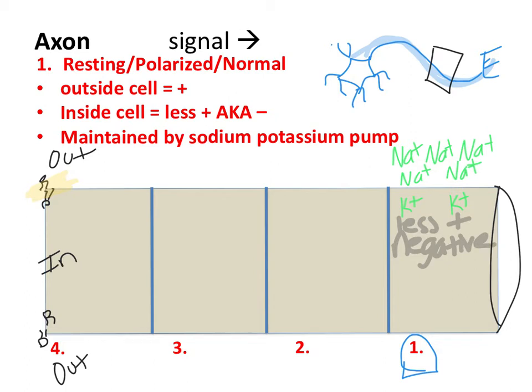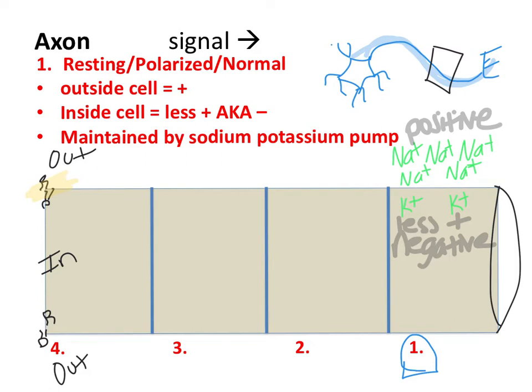It's negative compared to the outside, but in reality, it's just less positive. I would call the outside of the cell positive due to all of that sodium. So when my neuron is at rest, it's an accumulation of positive charges on the outside of the cell.